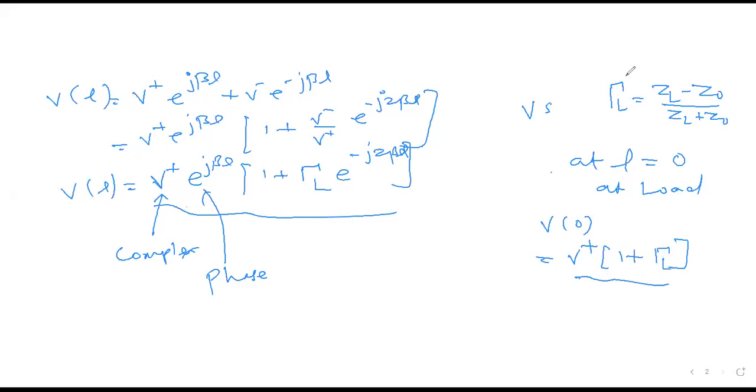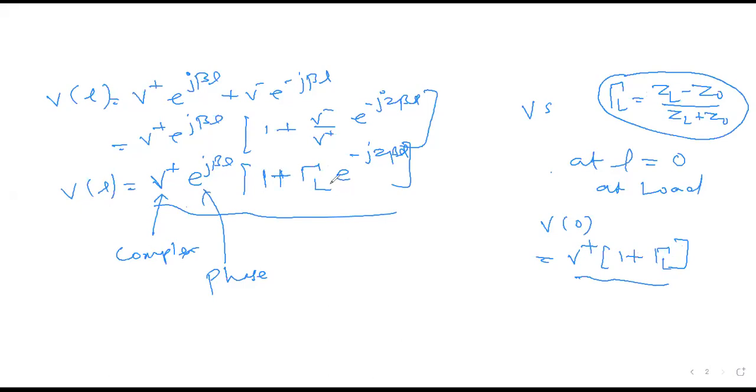Even if gamma L is 0, this is V plus, so it will never be minimum at load. We'll see how to find it.